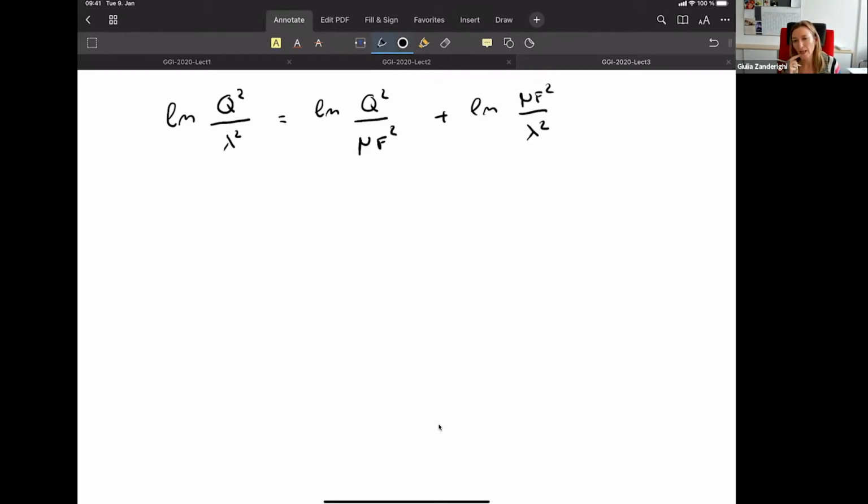Okay. And now what you can also do is you can essentially approximate that your cross-section contains the sum of these two terms.